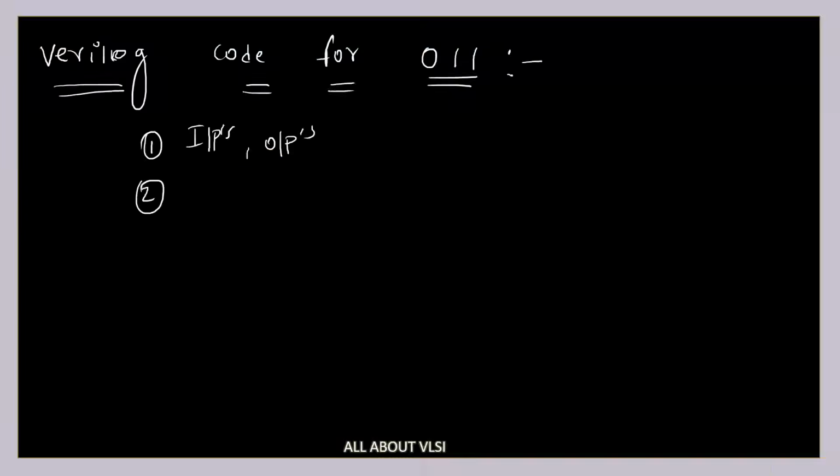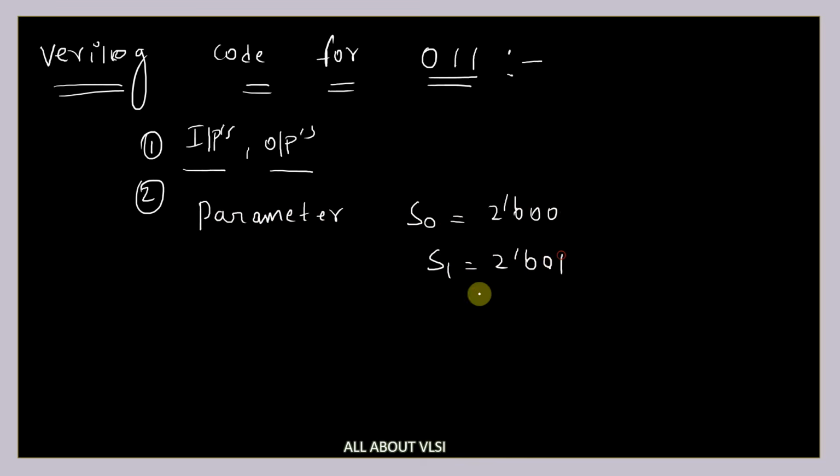So basically, we will declare the module inputs and outputs, and we are going to declare some parameters, right? S0 will be encoded as 2'b00, S1 will be encoded as 2'b01, and S2 is encoded as 2'b10. Here, what type of encoding am I using? This is the binary encoding scheme.